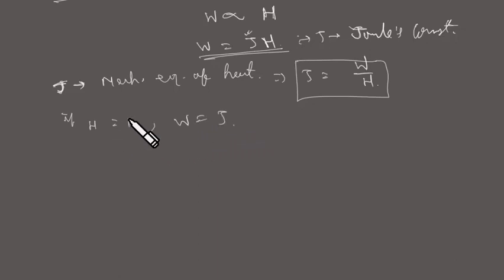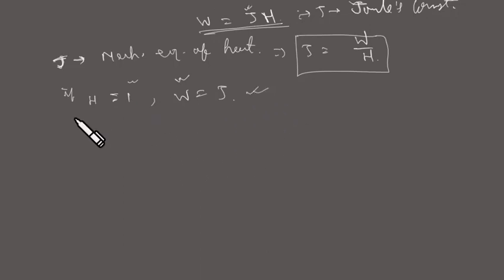Then J can be defined as the amount of work done to produce unit amount of heat. So the mechanical equivalent of heat is defined as the amount of work done to produce unit amount of heat in a body. Alright, so that's called the J.